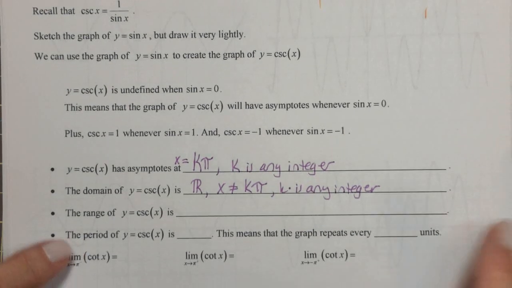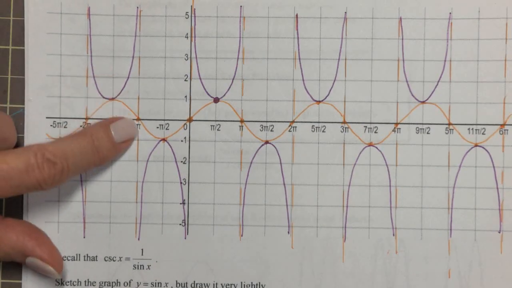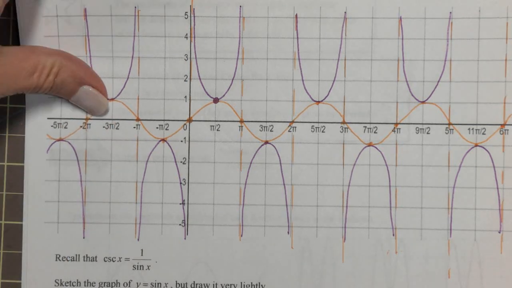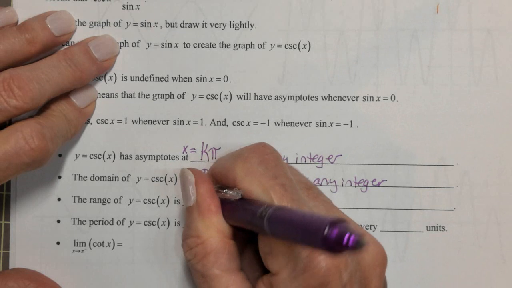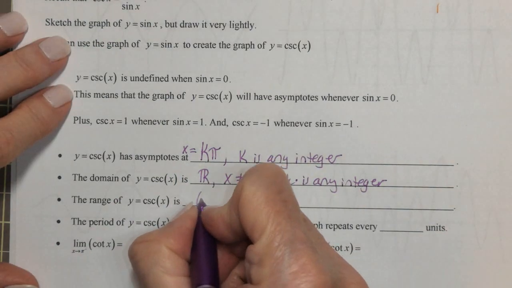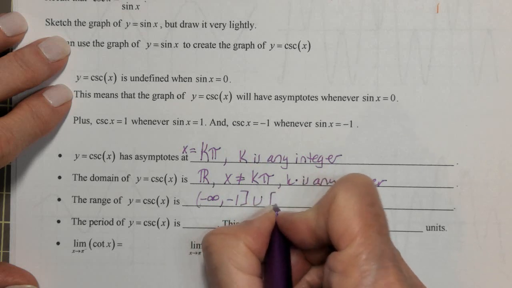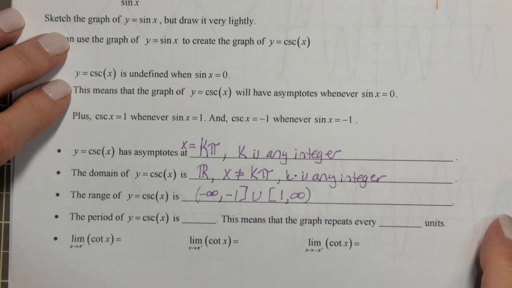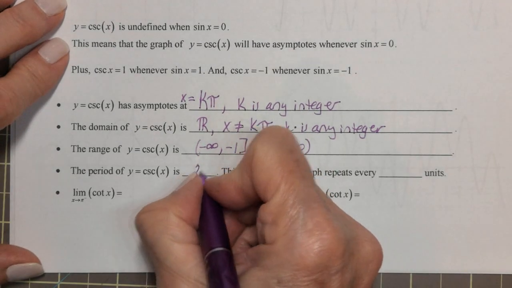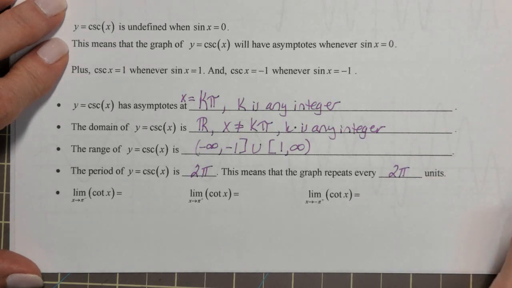The range is all real numbers. No, it's not all real numbers. All real numbers except from -1 to 1. So negative infinity to -1, including -1, union with 1 to infinity, including 1. The period, once again, is 2 pi. It repeats every 2 pi units.